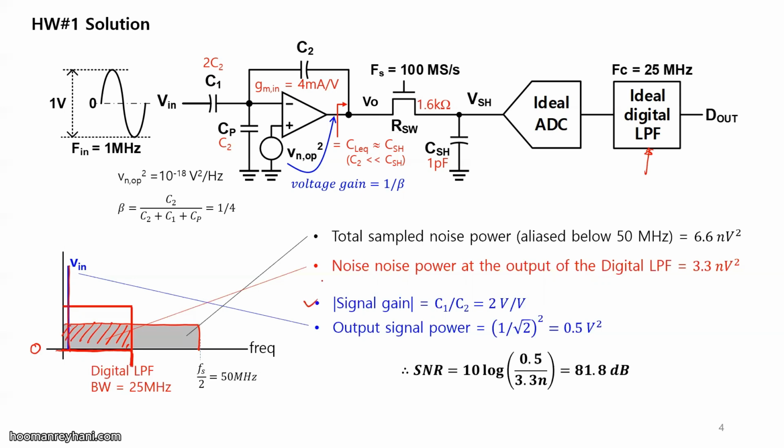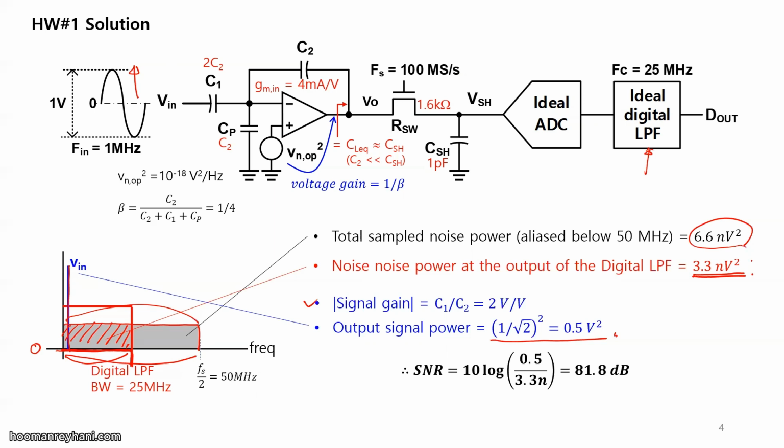We know the signal gain, and then the amplitude will be 1 volt here, and its power is 0.5 volt square, right? And the total noise given here is 6.6 nano, but now we have half band. The low-pass filter with half band of this range. So the noise power will be just half, 3.3 nanovolt square, right?